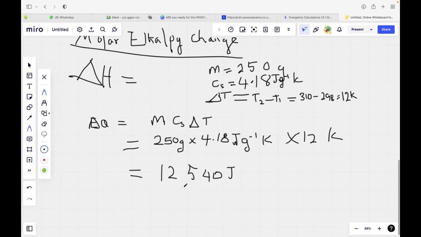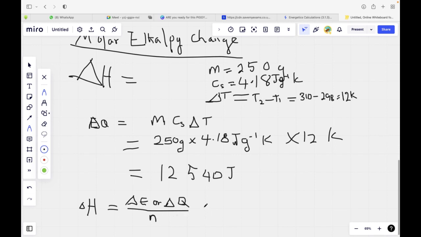After the heat energy change, now we calculate the molar enthalpy change. The molar enthalpy change is delta H, which is your delta E or delta Q, the heat energy change. We can use any of them. Divide by the number of moles, n; we use small letter n for number of moles.